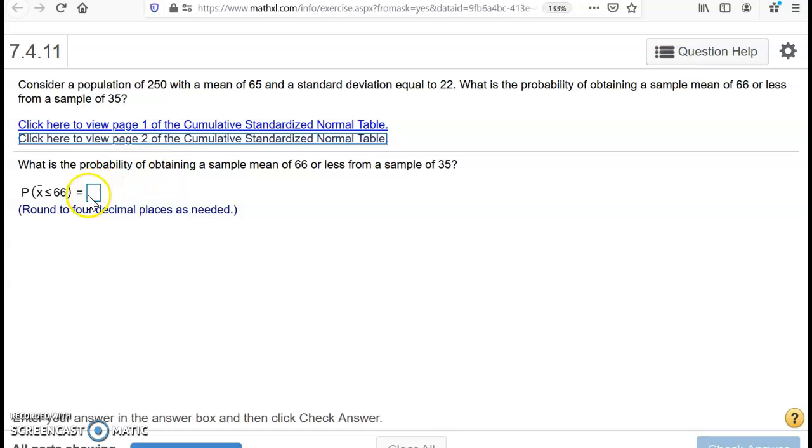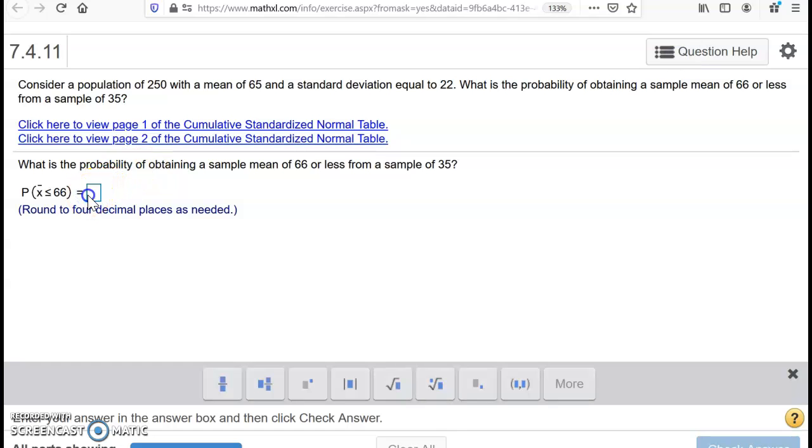So the probability that X is less than or equal to 66 is 0.6141. And let me make sure that I copy that right. I always like to double check.